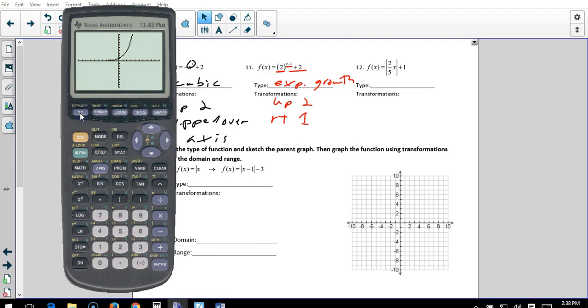Then we come back, down, and do Y2. Now on this one, I have to put in parentheses. You don't on the yellow ones. X minus 1. You just have to arrow up and down. And then I put plus 2. Notice it's up higher and it's shifted over to the right slightly, right 1.